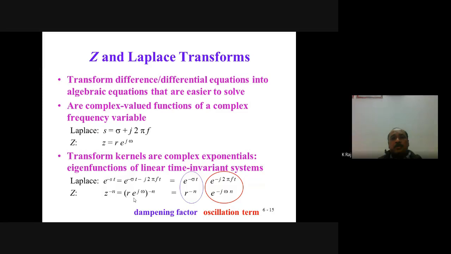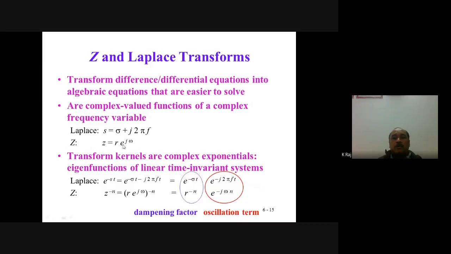Sigma is a real value that is responsible for the damping, and similarly z is r e to the power j omega. The second part in both cases is responsible for the oscillations. And the transform kernels are complex exponentials and eigenfunctions of linear time invariant systems.